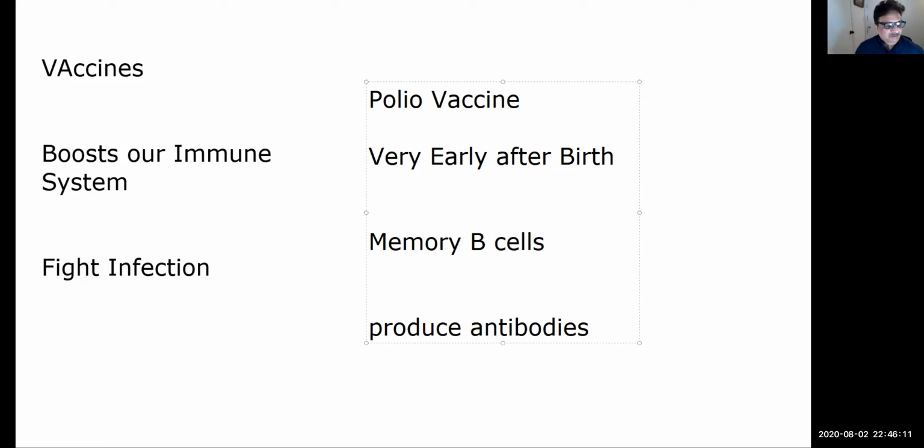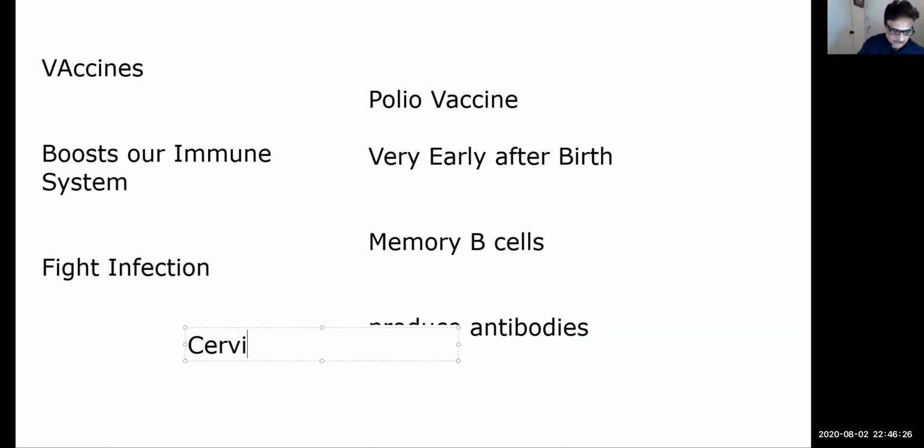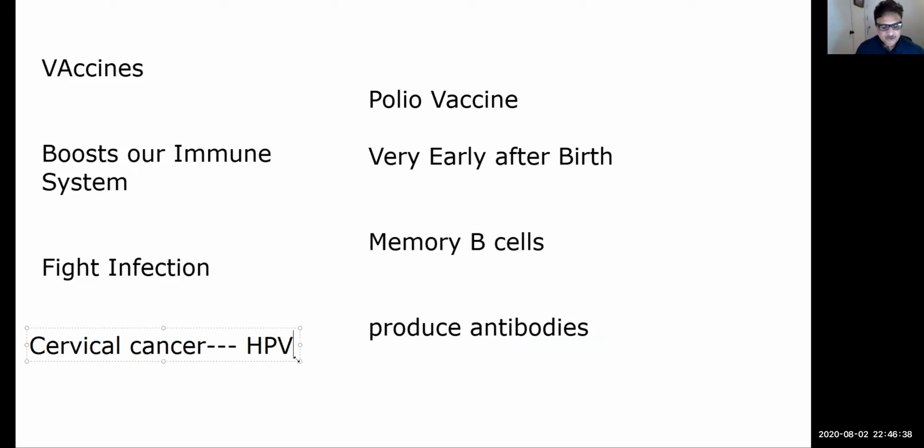Human papilloma virus causes cervical cancer, and this HPV vaccine can be given to a cancer patient, as well as it can be given as prophylactic, such that people don't develop an infection. So the HPV vaccine is both prophylactic as well as therapeutic, whereas the polio vaccine is mainly prophylactic.